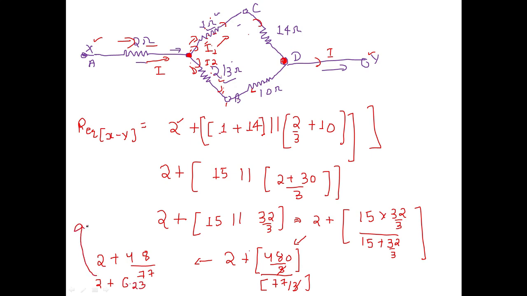So 2 plus 6.23 is 8.23. So the required answer of this particular problem is 8.23 ohm. The equivalent resistance across X and Y is 8.23 ohm for this bridge circuit.